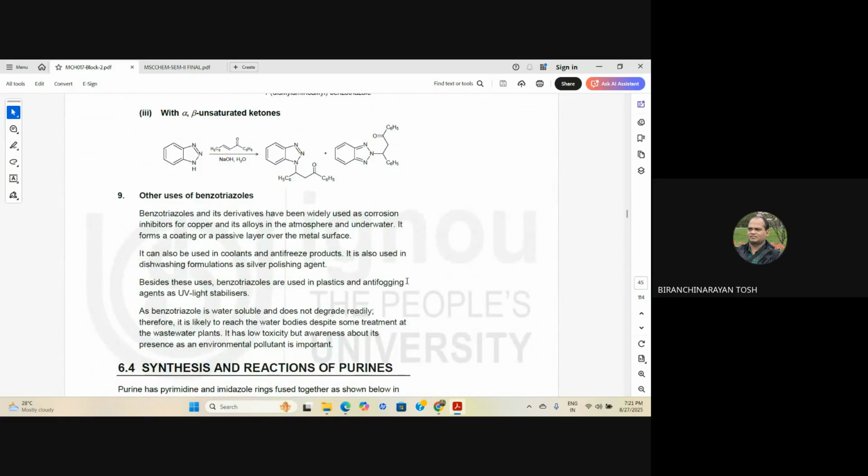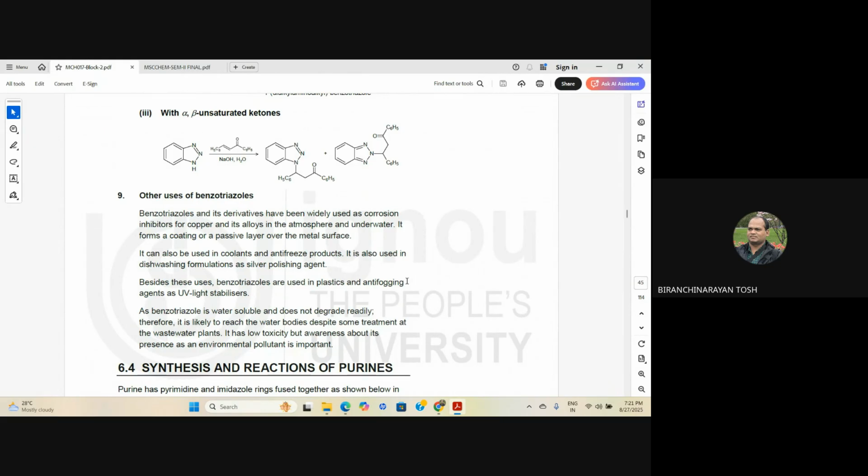So, other uses of benzotriazole. Benzotriazole and its derivatives have been widely used as corrosion inhibitors for copper and its alloys in the atmosphere and underwater. It forms a coating or a passive layer on the metal surface. It is also used as an anti-fogging agent and as UV light stabilizers.